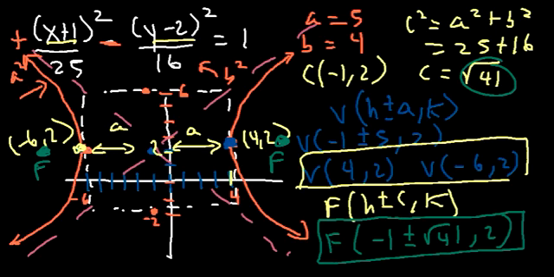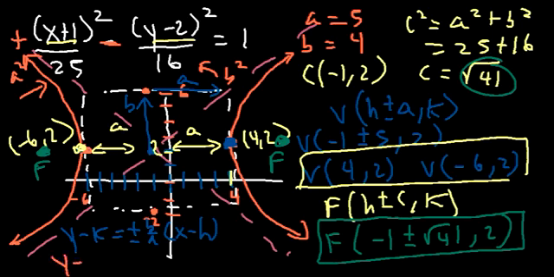Now the only other thing we need to find is the asymptotes, which is y minus k is equal to plus or minus. Now rise, starting from here, we need to rise b units, because b is vertical, a is horizontal, so the run is still a, so it's b over a, rise over run, and then x minus h. So that's y minus k. Actually, no, k is plus 2.